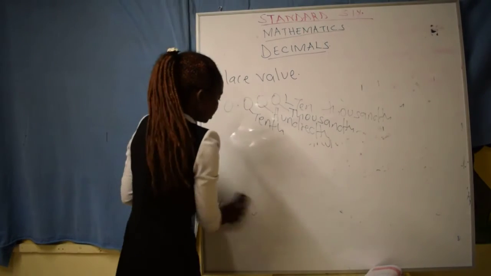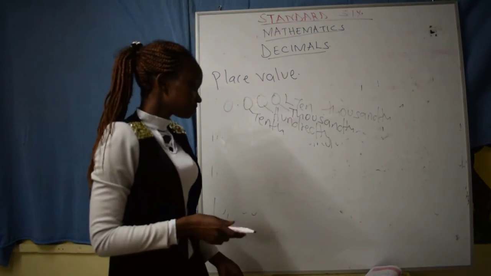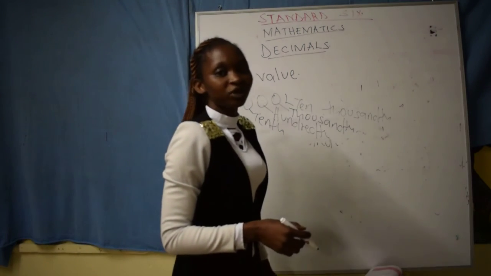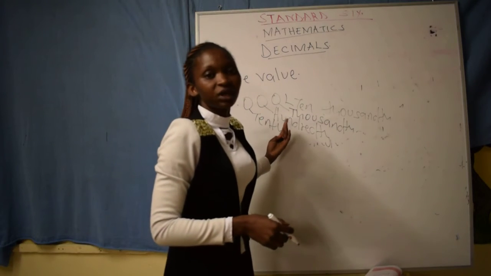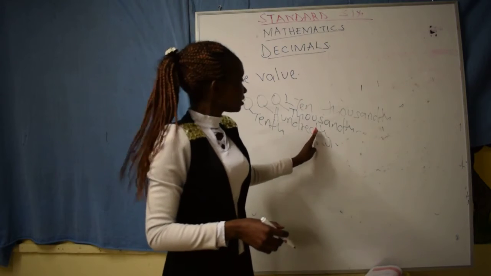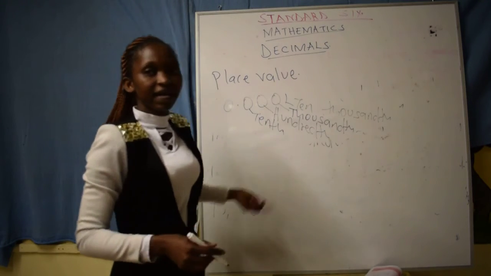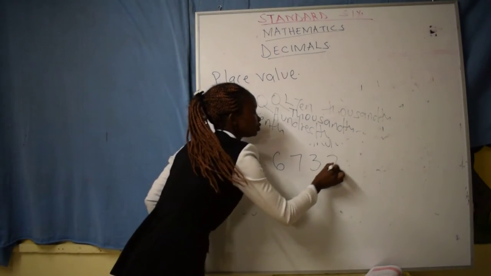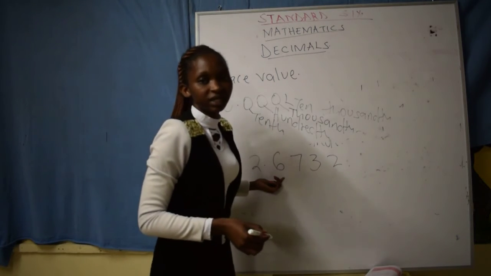Therefore, if you are given any number and you are required to find the place value of digits, you first of all remember that after the decimal point we have tenths, hundredths, thousandths, then ten-thousandths. So if you are given a number like 2.6732, let's begin with the digits after the decimal point.